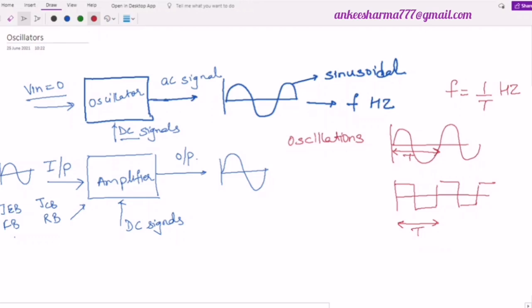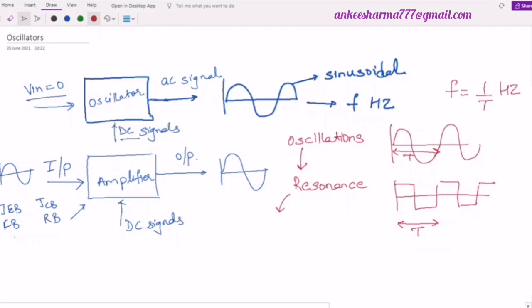Now, how are these oscillations produced? This is again an important point. I guess you all have studied resonance. Resonance is nothing but a state where your impedance is very small in a series RLC circuit.